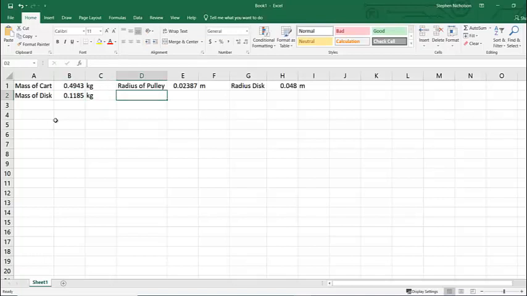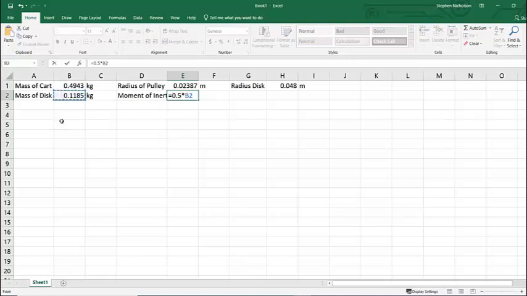And then what else do we need? We need the moment of inertia. So we have actually already calculated this, but let's just double check. So it's equal to 0.5 times the mass of the disk, which is this cell B2, times the radius of the disk squared.